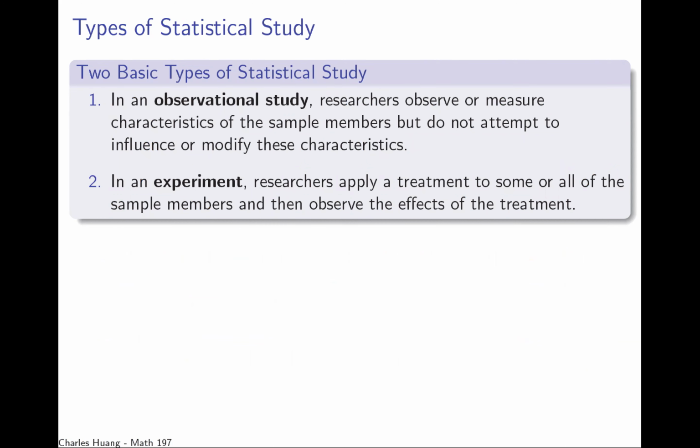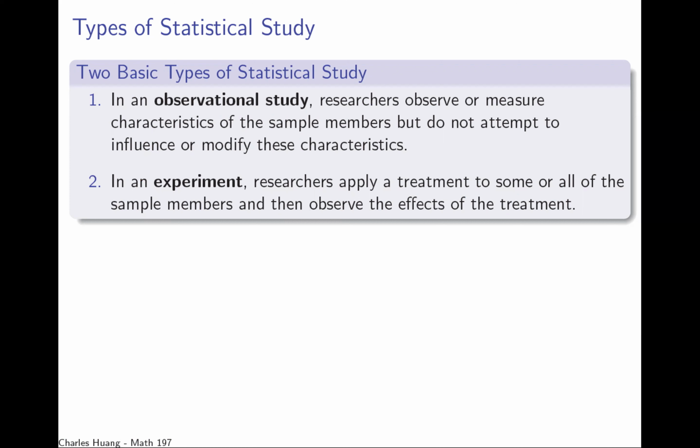When we do statistical studies, there are two basic types of statistical studies. One is called an observational study. We just look and do measurements. Sometimes it might be a survey, where people answer questions for us. But we do not try to change any of these characteristics.